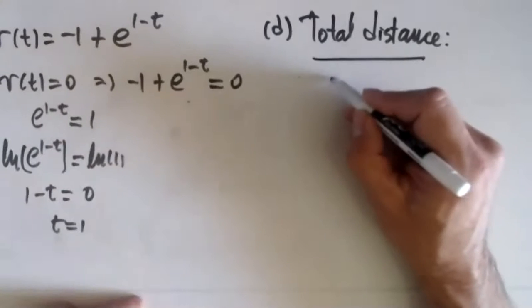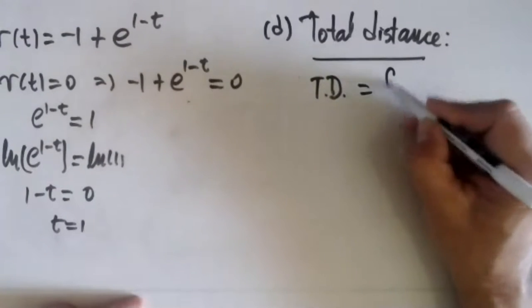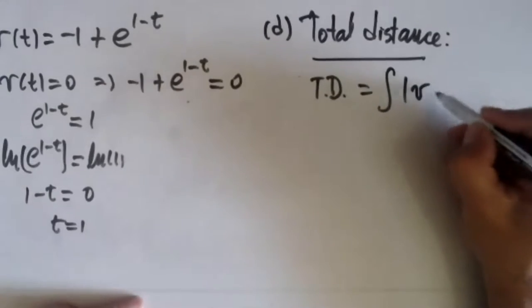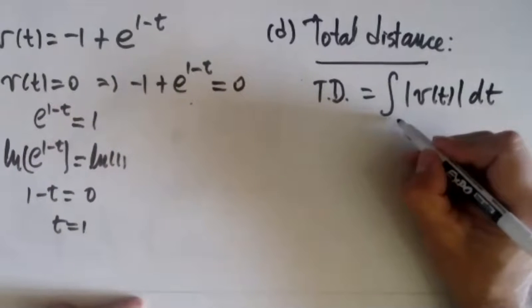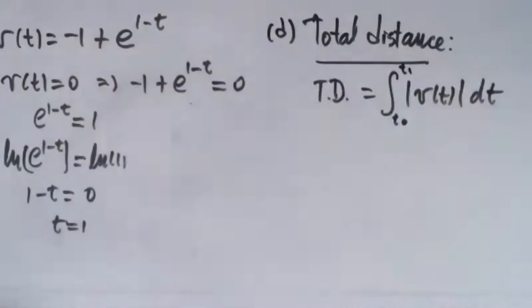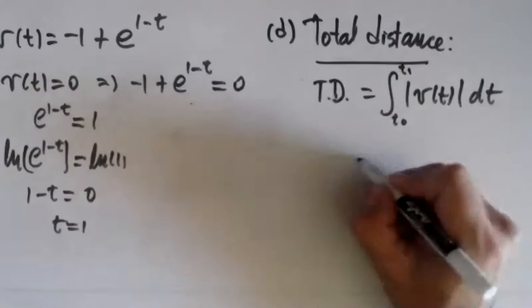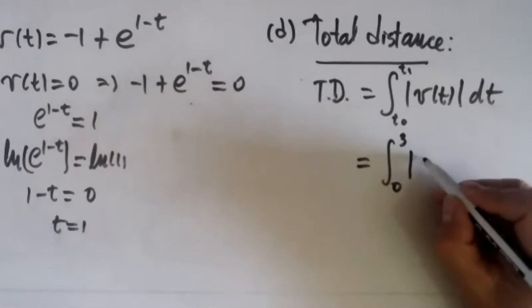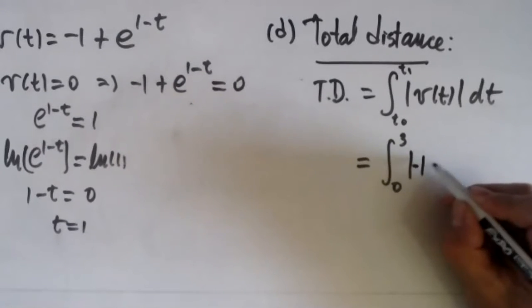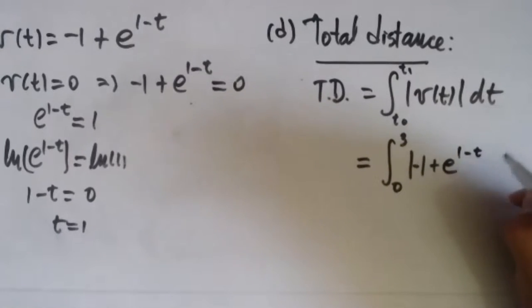The total distance is the integral of the absolute value of the velocity, from t0 to t1, correct? Now, here it is going to be the integral from 0 to 3 of the absolute value of negative 1 plus e^(1 minus t) dt.